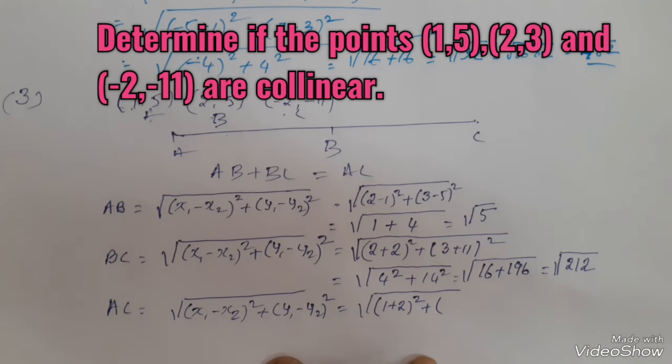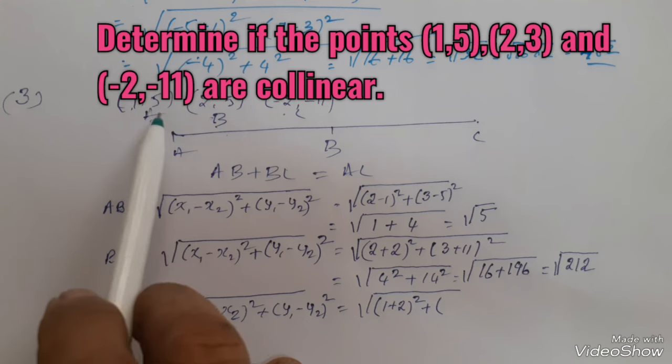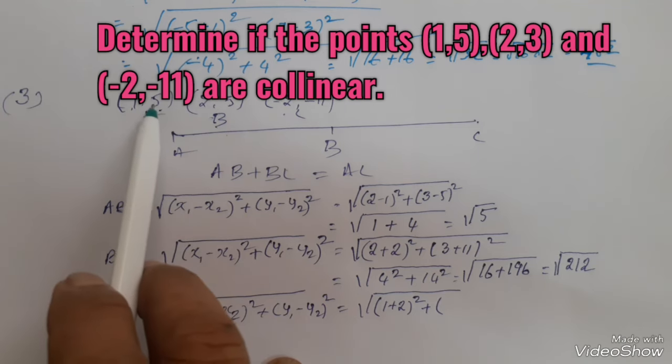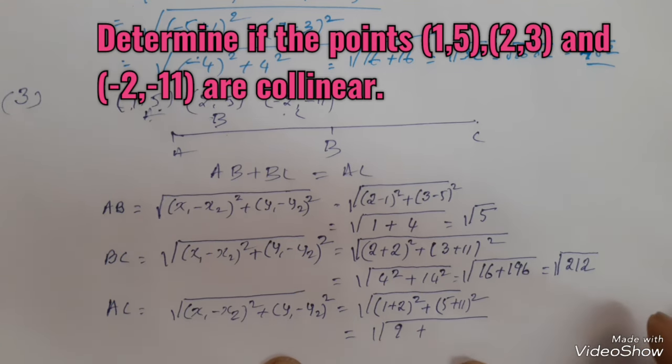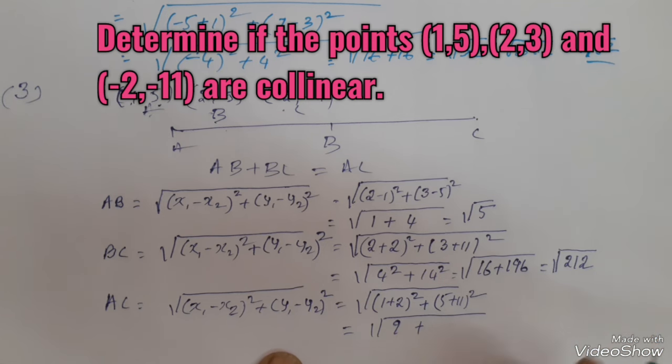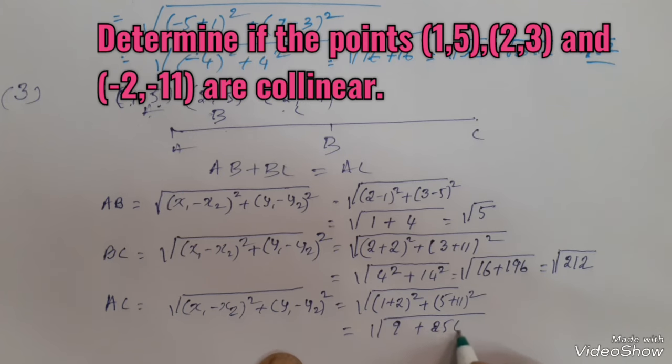Next y1 minus y2, 5 plus 11, whole square. 1 plus 2 is 3, 3 square means 9, plus 5 plus 11 is 16, 16 square means 256.